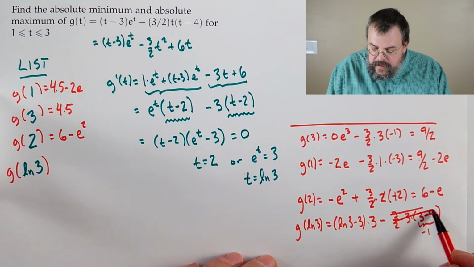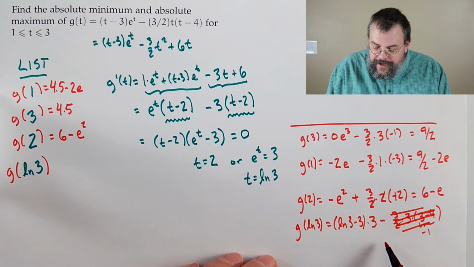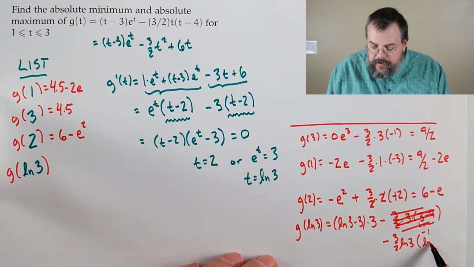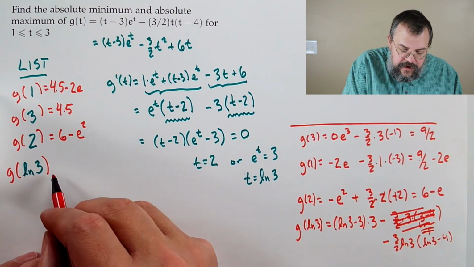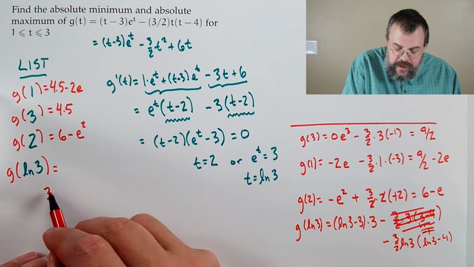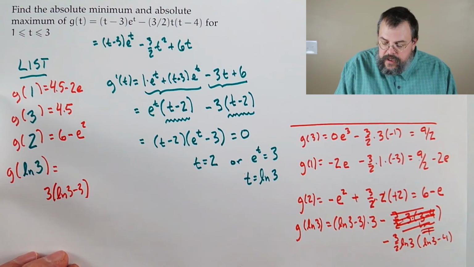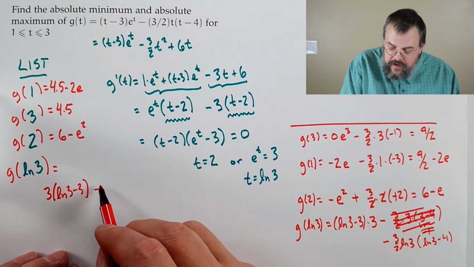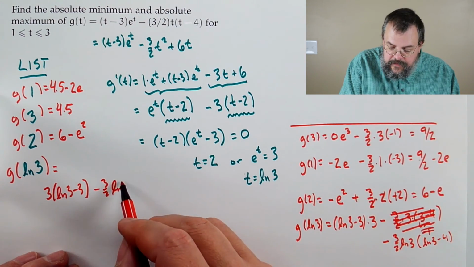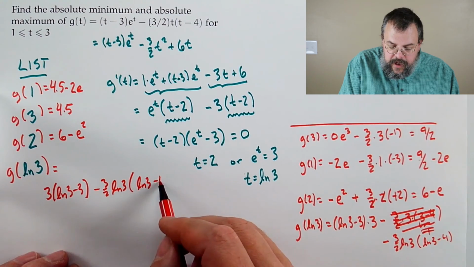Oops, I plugged in 3. It's log 3. So minus 3 halves log of 3 times log of 3 minus 4, which is some crazy number. Okay, so we get 3 times log of 3 minus 3, and then minus 3 halves log of 3 times log of 3 minus 4.